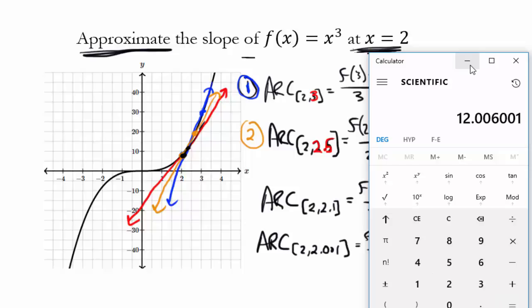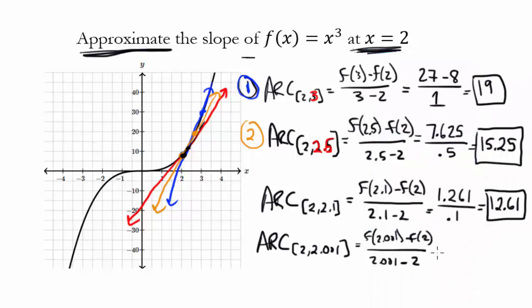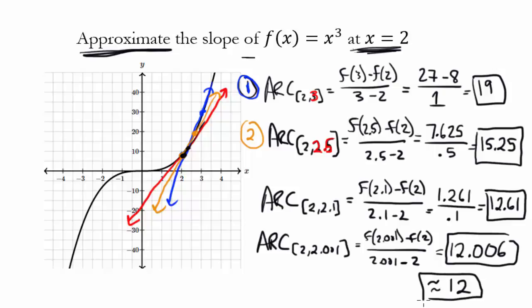We get 12.006. It kind of looks like all these slopes, as we do better and better approximations, are approaching 12. And in fact, the slope of the tangent line of f of x equals x cubed at the point x equals 2 is indeed 12.